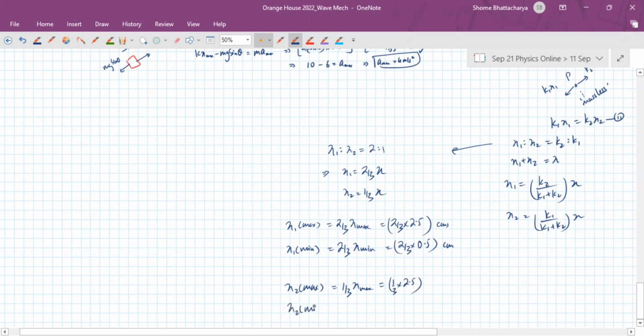And X2's minimum value correspondingly will be... So this and this are the minimum values of x1 and x2, and correspondingly this and this are the maximum values.